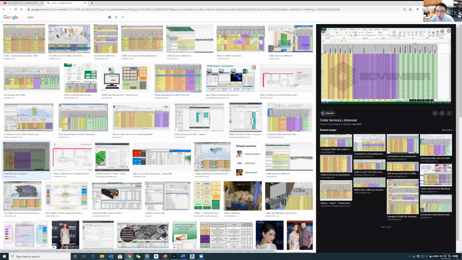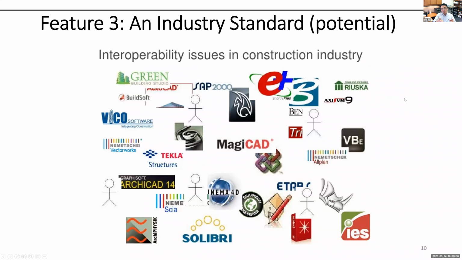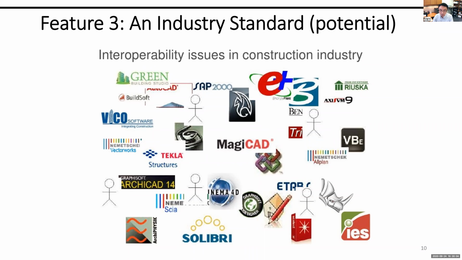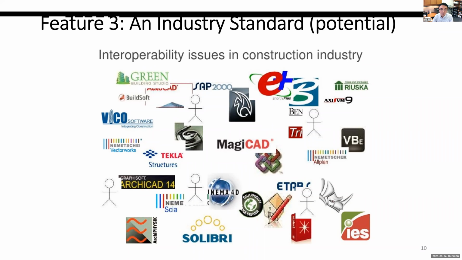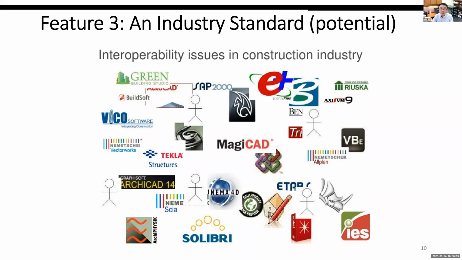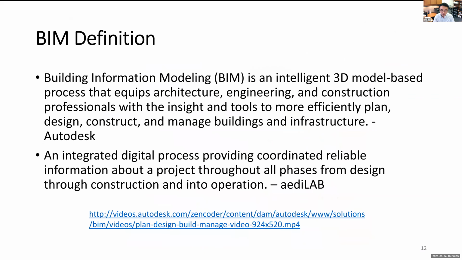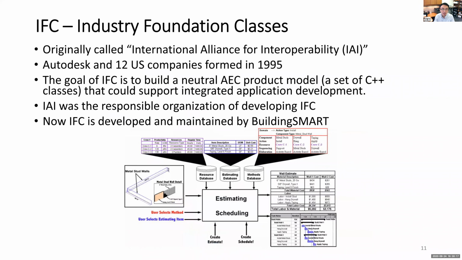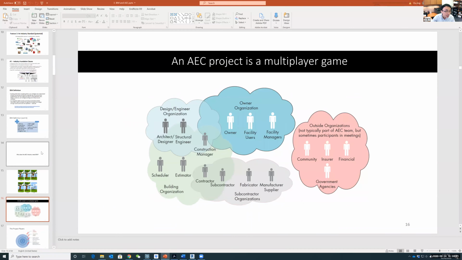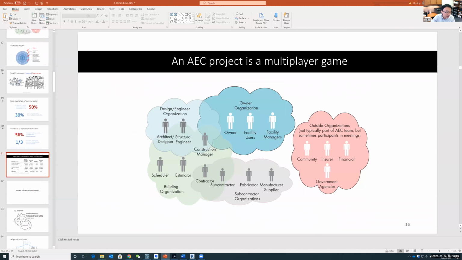All right. The third feature of BIM is that BIM is more than just an individual software solution. It's becoming a business solution for the entire industry. A big problem in our industry is the so-called interoperability issue.